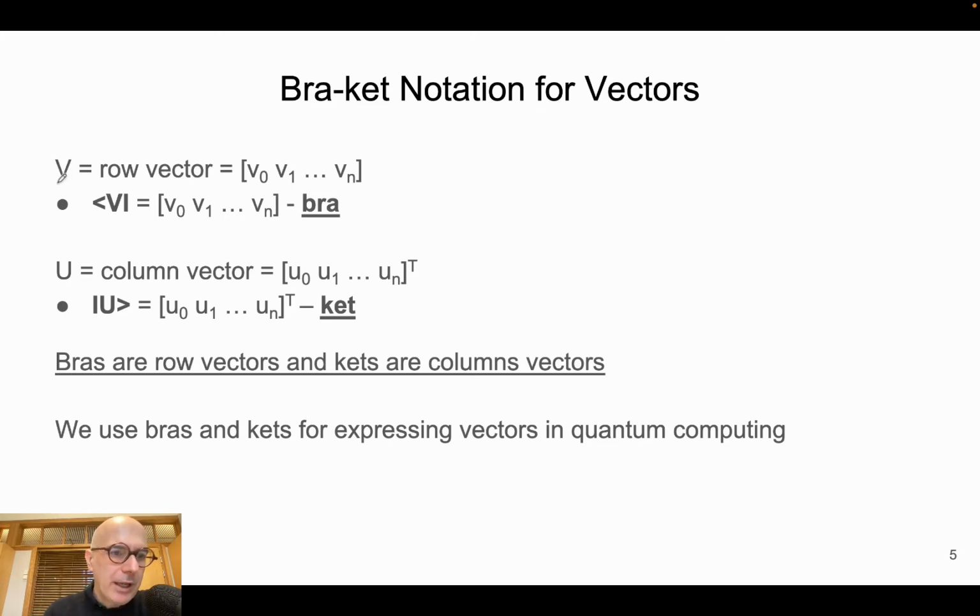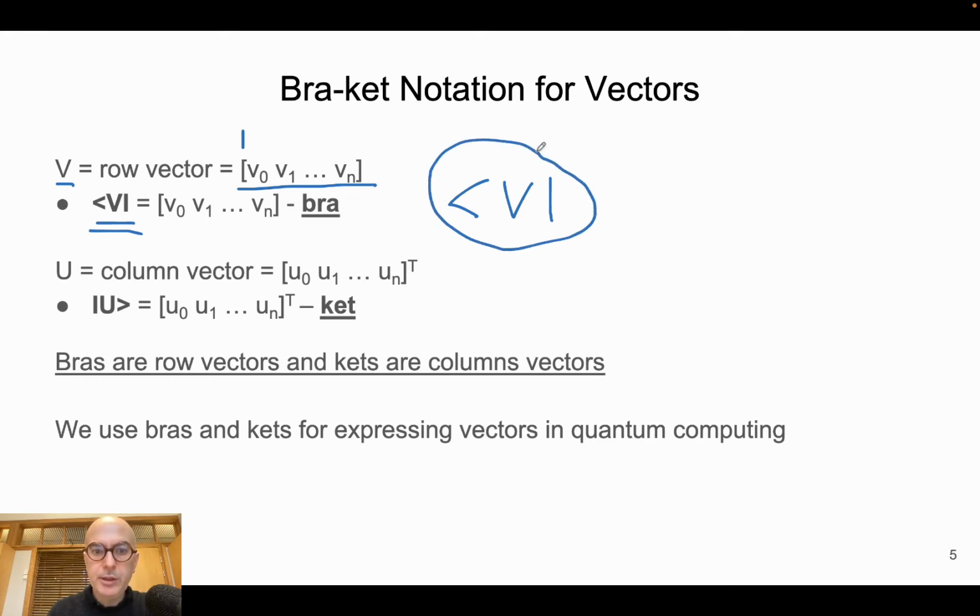Let's see, we have a vector v that is a row vector that can be easily expressed in this way: a square bracket, and then each element of our vector, from v0 to vn, in square brackets. This also can be expressed using the so-called bra notation. If you have seen this before in quantum computing, this is nothing else than a vector using the bra notation, and this vector is a row vector.